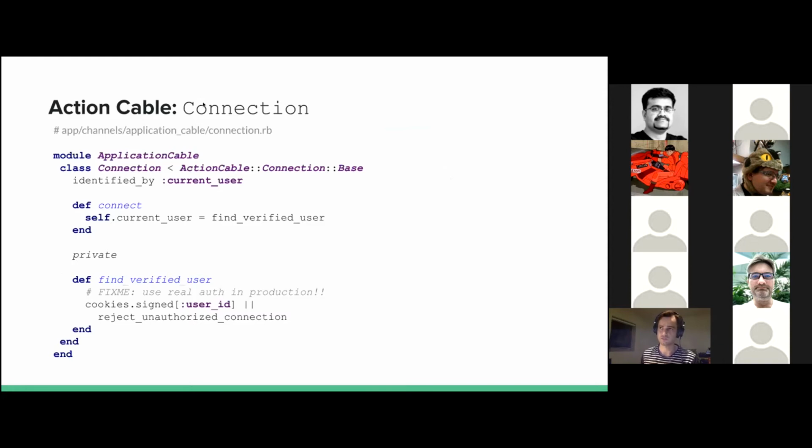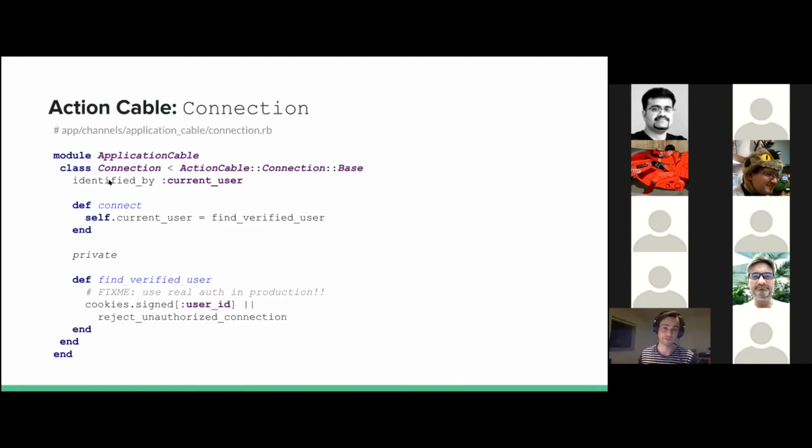Now the connection really establishes the communication between the consumer and the server. In a typical Action Cable app, you probably have one class of a connection. Your connection will need to be identified by something so that it knows basically who is being sent the messages that it knows about.